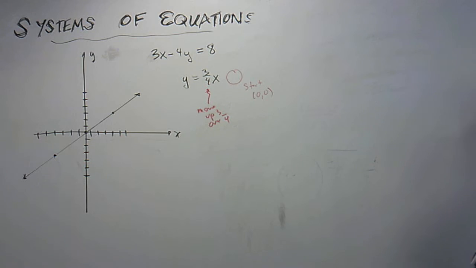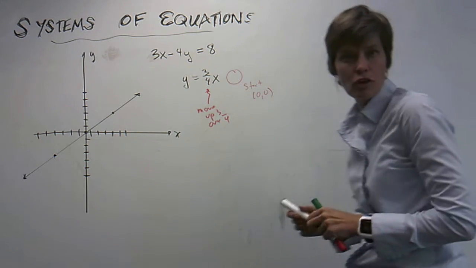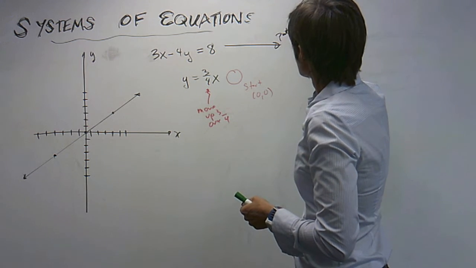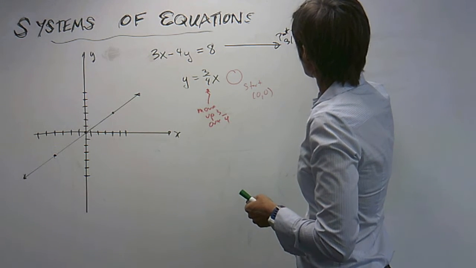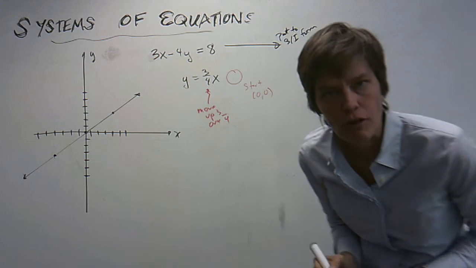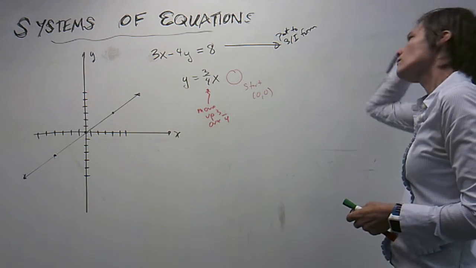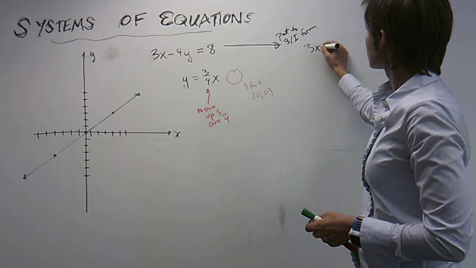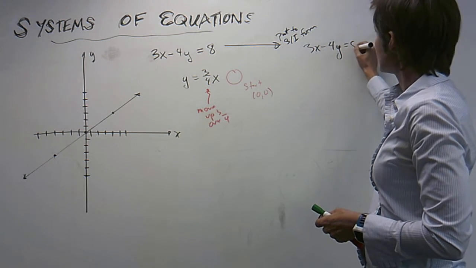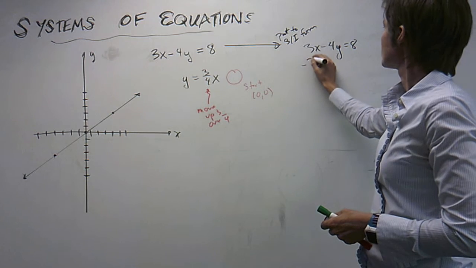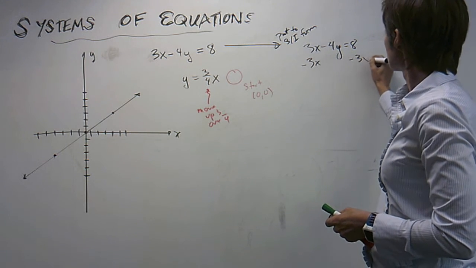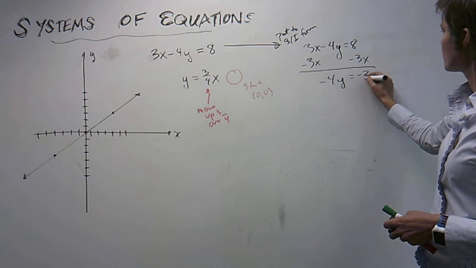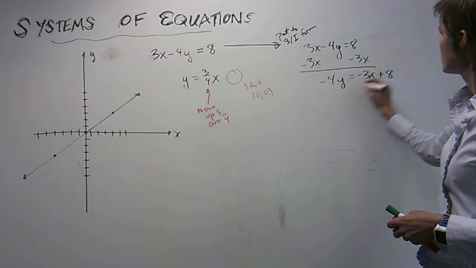Now, we could graph this by intercepts, but let's just solve it for y, putting it in slope intercept form. So 3x minus 4y equals 8. We subtract 3x: negative 4y equals negative 3x plus 8.